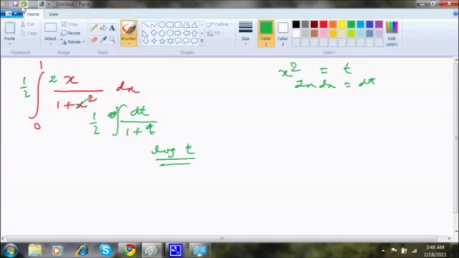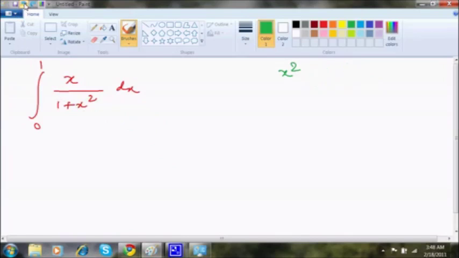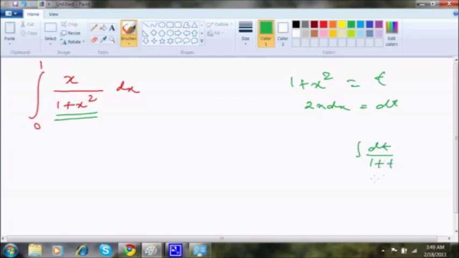But this question can be done easily. If I take x² as t, 1 is 0, this is 2x, so 2x dx is dt, and it will become dt by (1 plus t), which is log of (1 plus t).